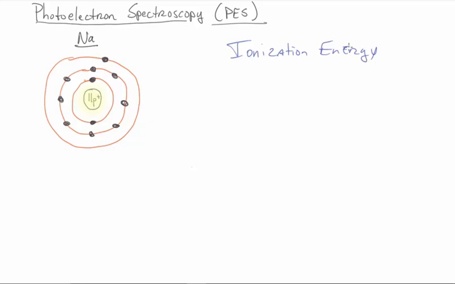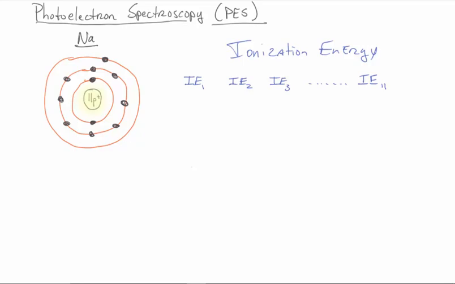With sodium, we have ionization energy number 1, number 2, number 3, and so on, all the way to ionization energy number 11, because sodium has 11 electrons when it's a neutral atom. So what does ionization energy actually look like?